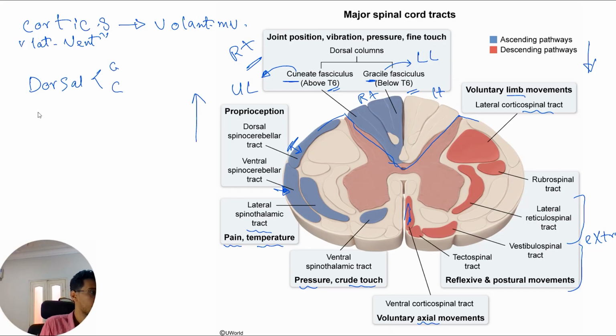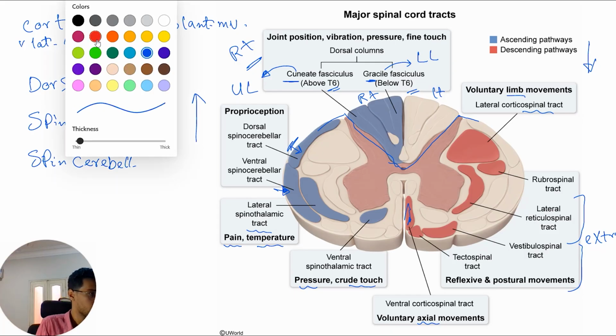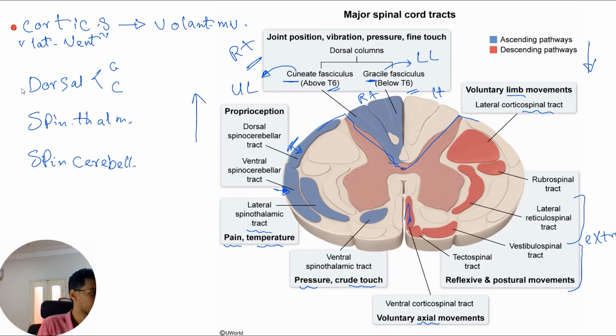You need to know the spinothalamic tract that's responsible for pain and temperature sensation. We need to know as well the spinocerebellar tract that's responsible for proprioception as well. So these are the major things you need to know: corticospinal tract, dorsal column, spinothalamic tract, and spinocerebellar tract. And I will simplify it in the next slide.